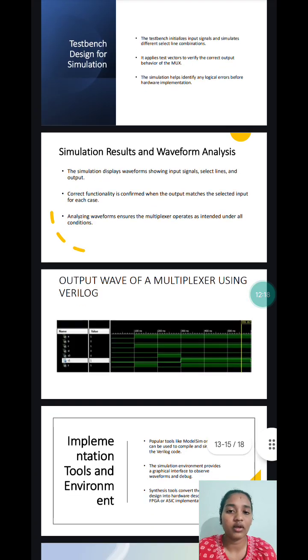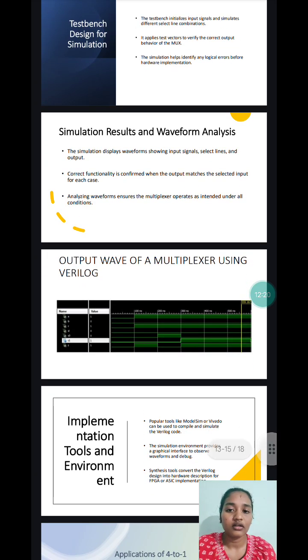Simulation results and waveform analysis. The simulation displays waveforms showing input signals, select lines, and output. The correct functionality is confirmed when the output matches the selected input for each case. Analyzing waveforms ensures the multiplexer operates as intended under all conditions.